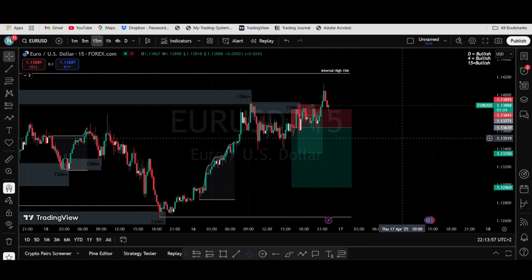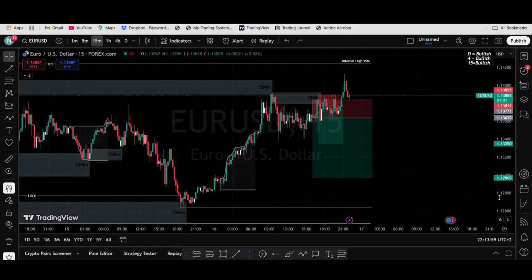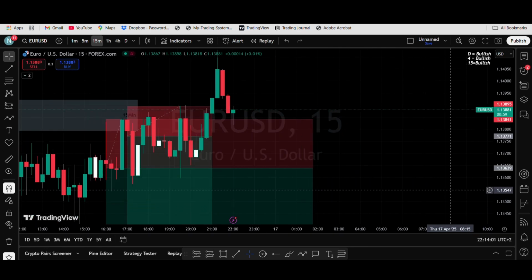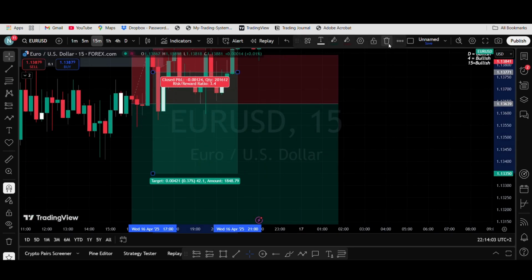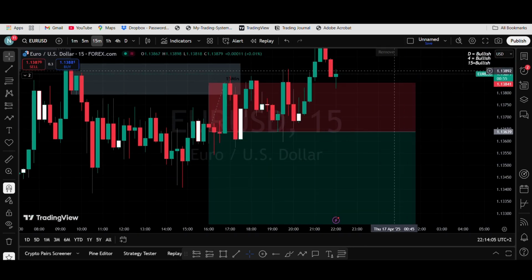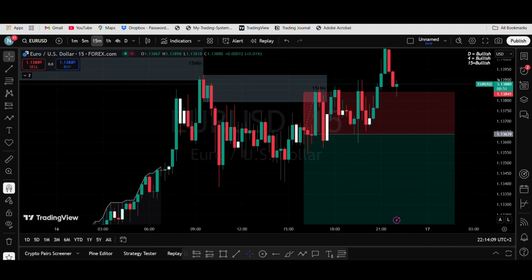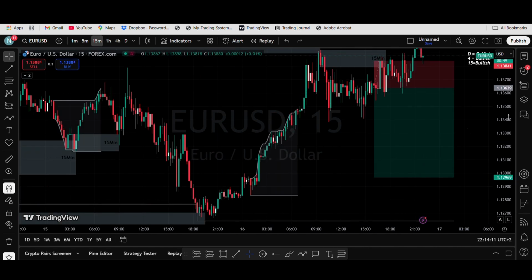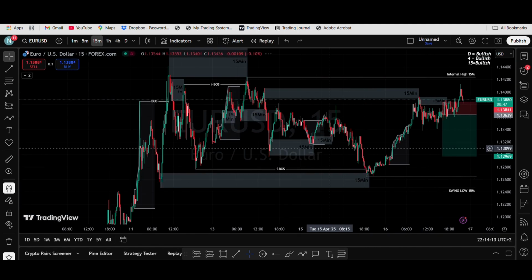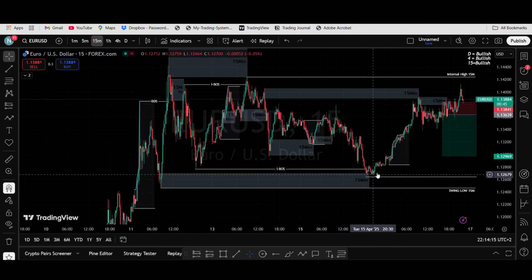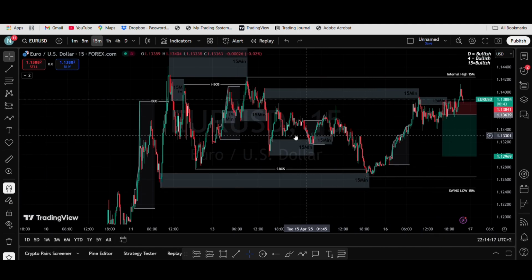Okay, let's get into this Euro USD trade right here. I'm going to remove this one because I'll add it in just a moment for better context. We said we have our eyeballs shifting. The internal structure would have been bearish.